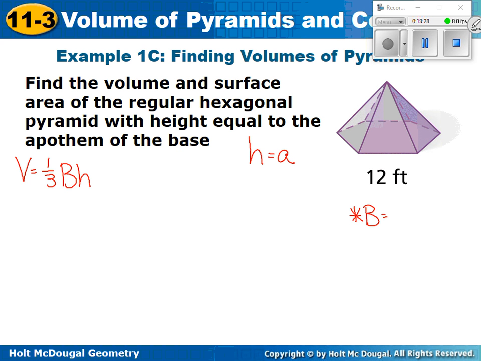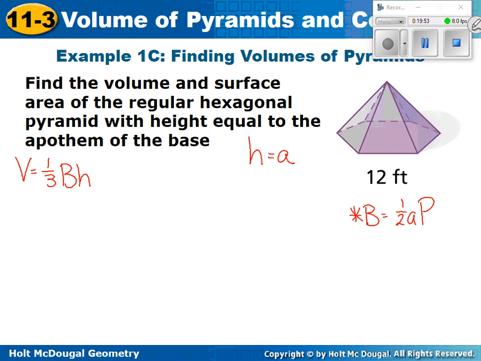And you can still do it that way for this one if you want to, but because we're going to have to find the apothem anyway, I'm going to go ahead and work this one like we would have to work if it was a pentagon, an octagon, a decagon. What's our other formula for area of a regular polygon? 1/2 apothem times perimeter. So because I'm going to need the apothem anyway, I'm going to go ahead and work the area of the base that way.